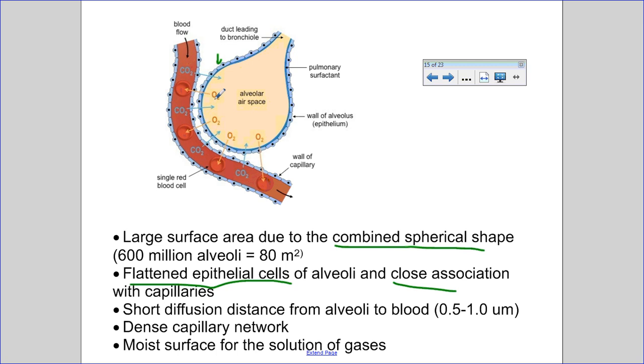So it allows for a short diffusion distance from the alveoli to the blood. And underneath that alveoli is going to be that dense capillary network. And the alveoli are basically going to be lined with a surfactant, which keeps the lining moist for easy diffusion of gases out of the alveoli.